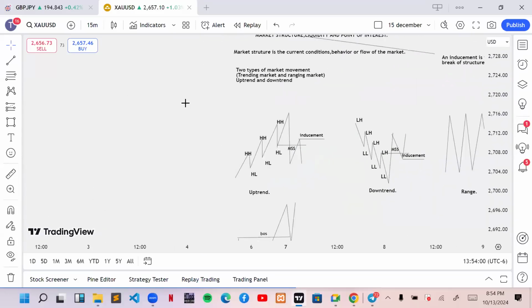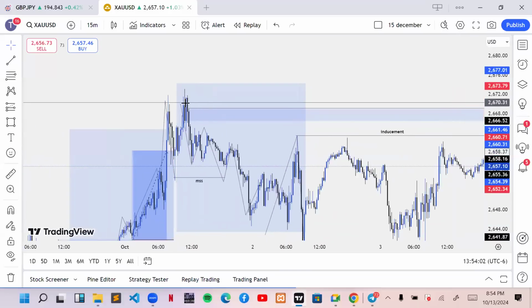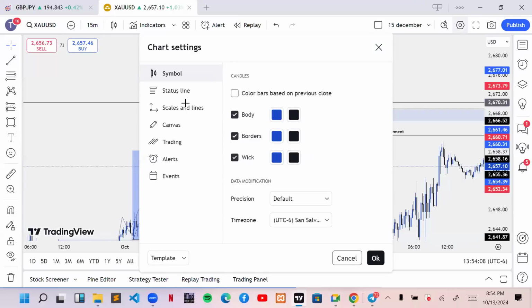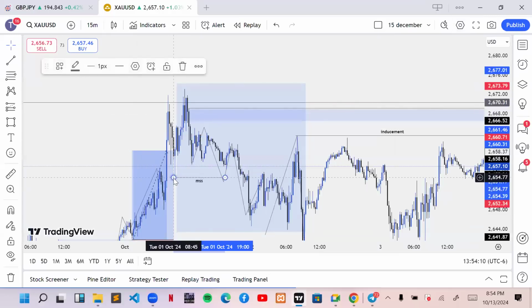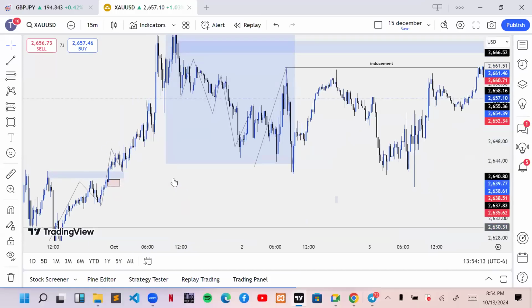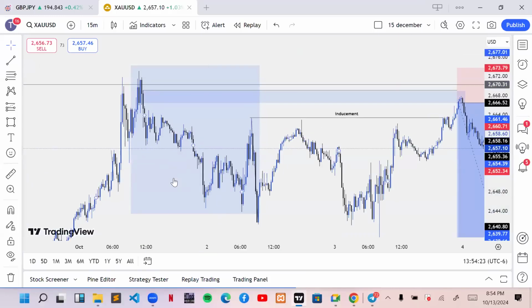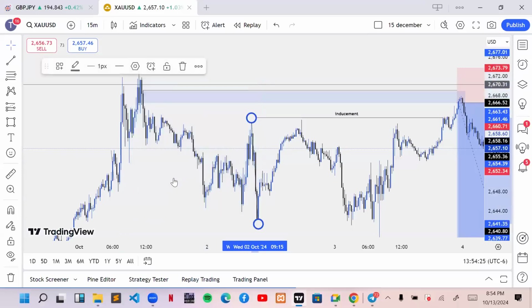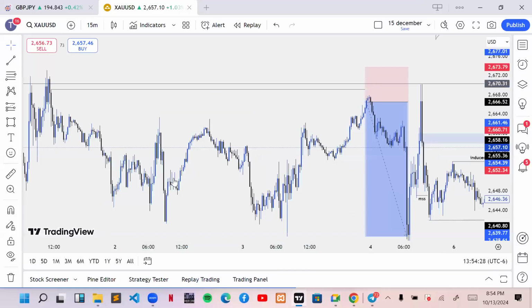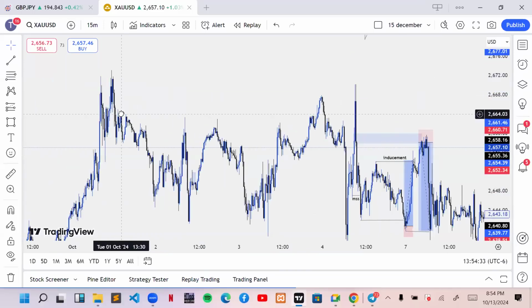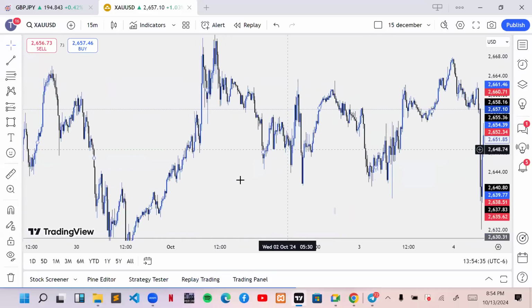So let me go to one setup of that. When I analyzed this setup, this is what I did.